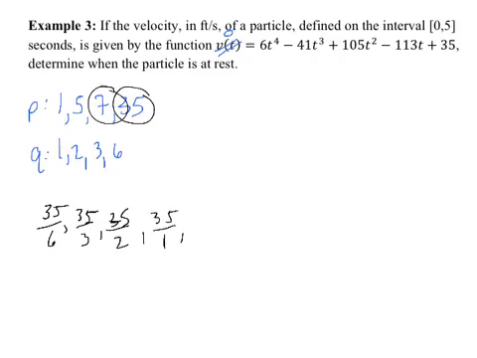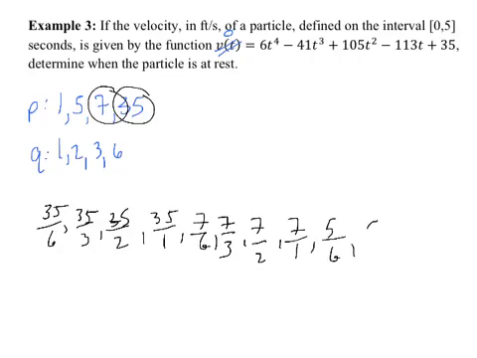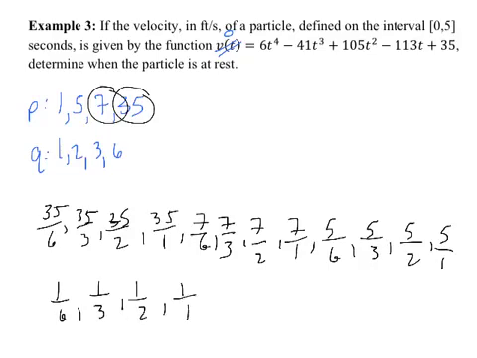Then we go to the next number, 7 over 6, 7 over 3, 7 over 2, 7 over 1, 5 over 6, 5 over 3, 5 over 2, 5 over 1, and then finally 1 over 6, 1 over 3, 1 over 2, 1 over 1.